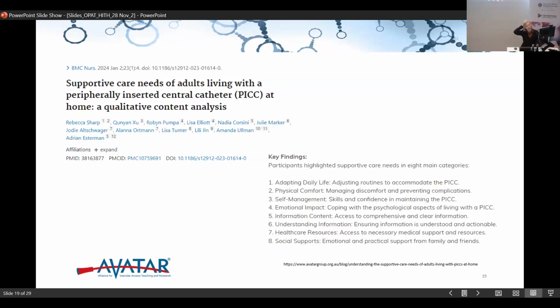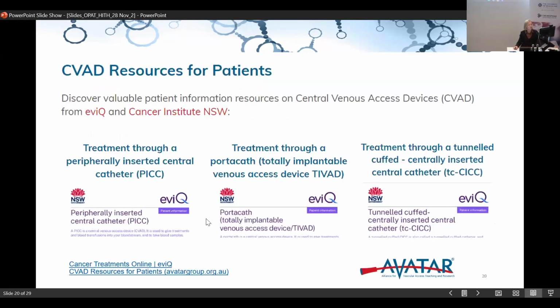They want clear and concise information so that they've got a resource to go back to, and to know who to contact. Those sorts of things were really important. Within the AVATAR site, but there's also a lot of literature, resources and support on the New South Wales Cancer Institute site, or EQIV.